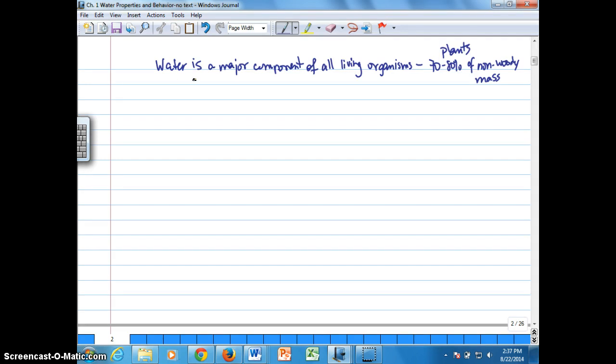Water is vital for the functioning of cells because of these important behaviors, such as, if we can tally a little list here, it is used in metabolic processes, or in chemical reactions, and chemical reactions such as photosynthesis.